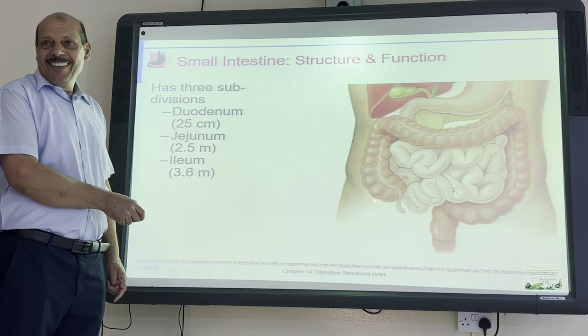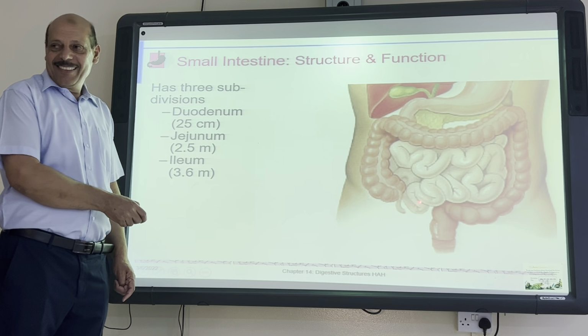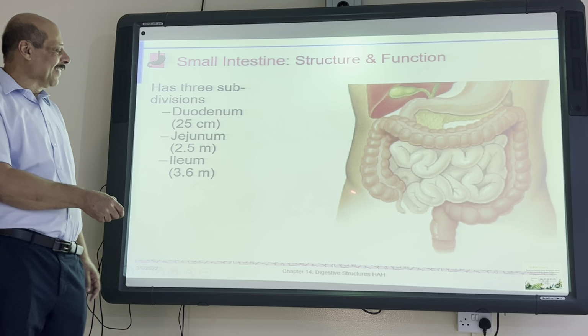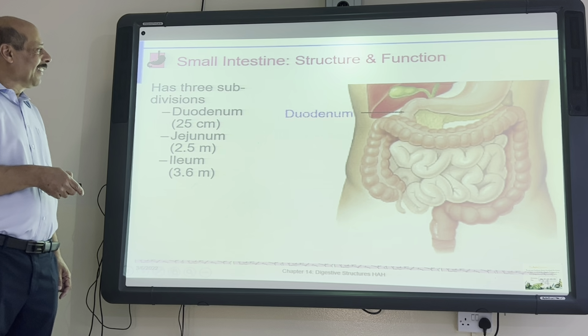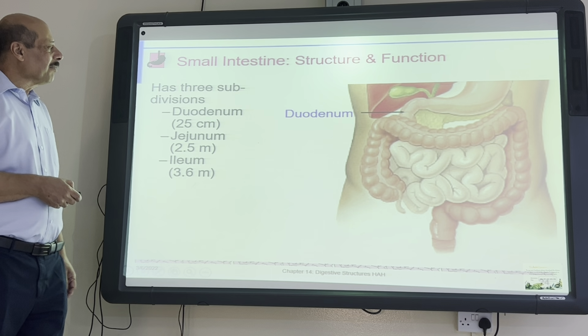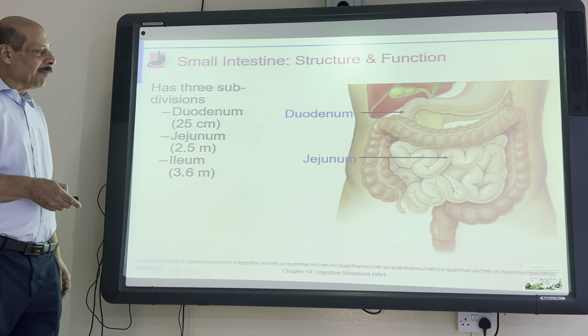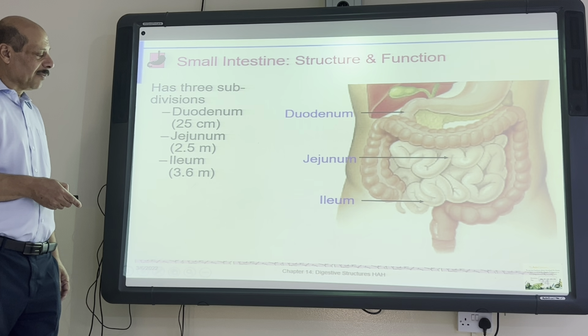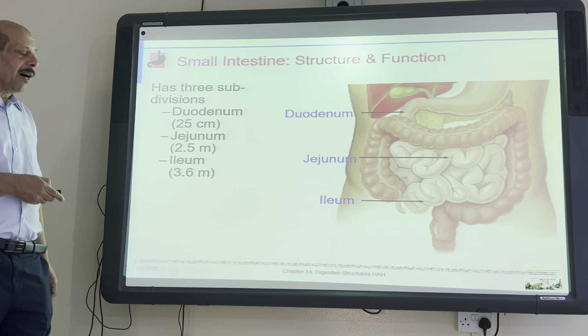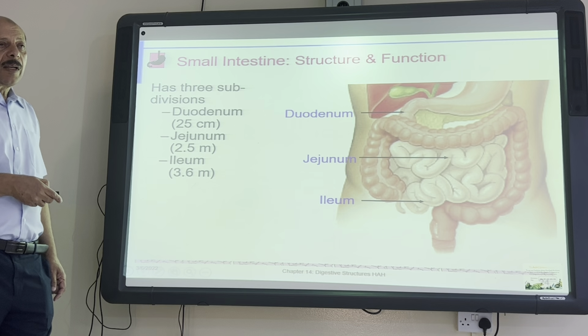The appendix. So this is the duodenum, jejunum, and ileum. Those are the three parts of the small intestine.